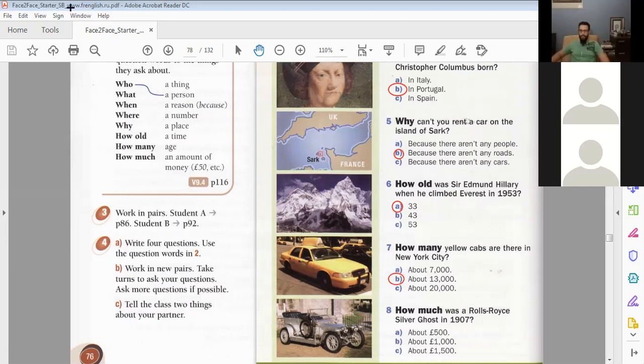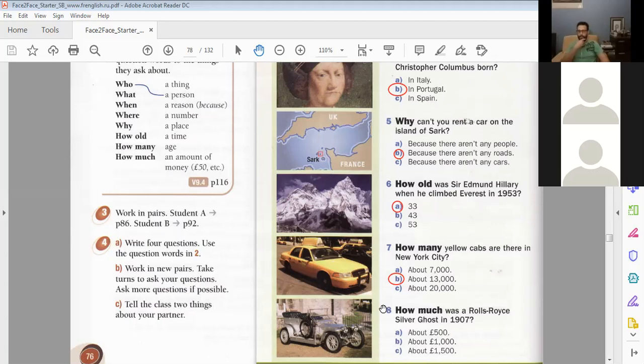Okay, last question, Basma. How much was a Rolls Royce Silver Ghost in 1907?